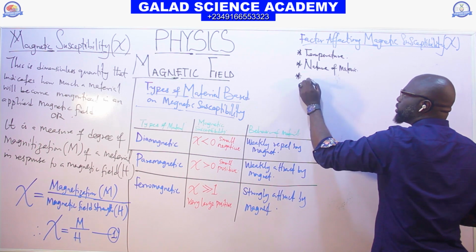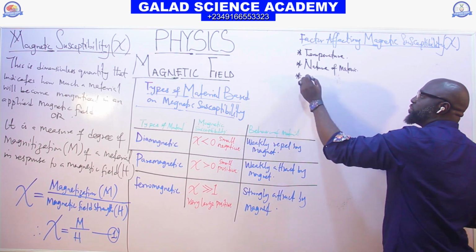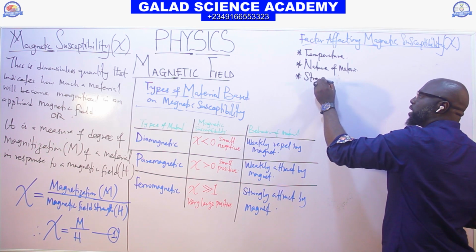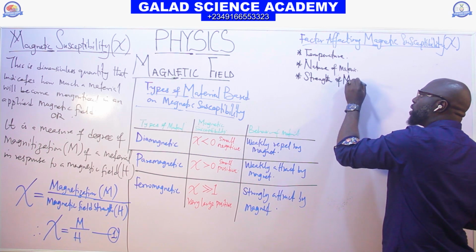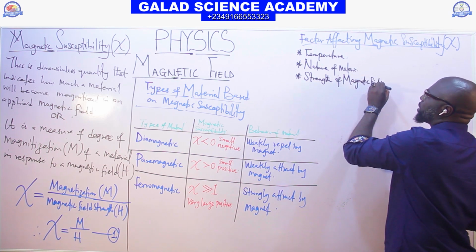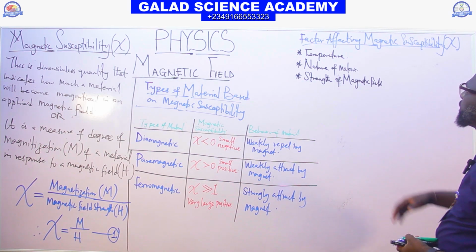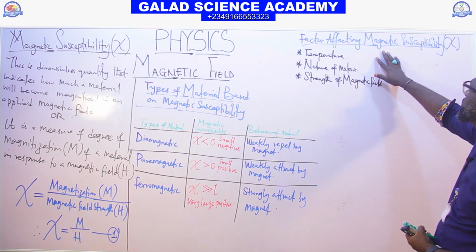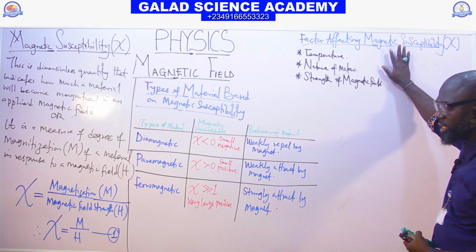The third one is the strength of the magnetic field. So these are the factors affecting magnetic susceptibility.